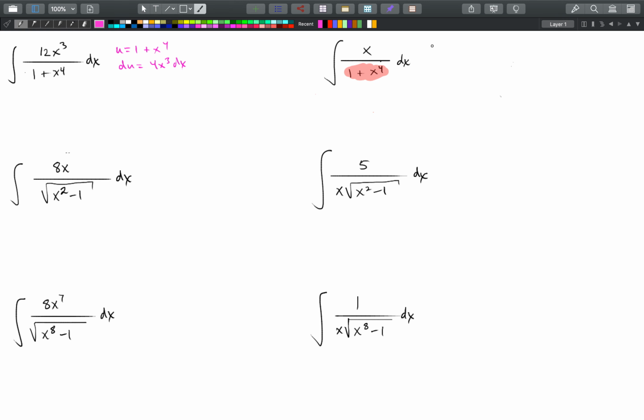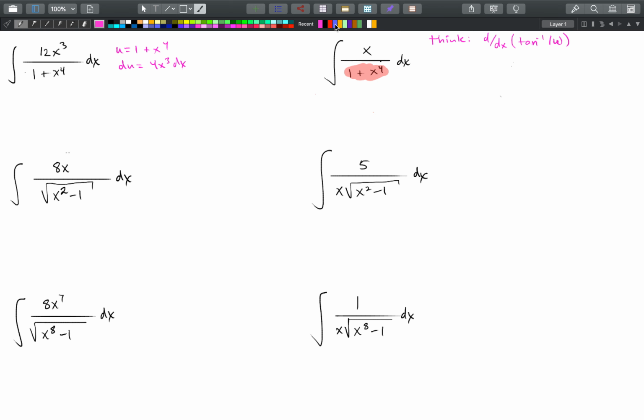So watch what happens if we simply think: I think this is a derivative of some arctangent of some u. I think it's a derivative of an inverse trig function composed with something else. I think that's why that x to the fourth is there.